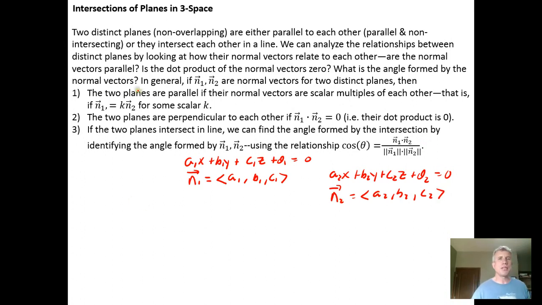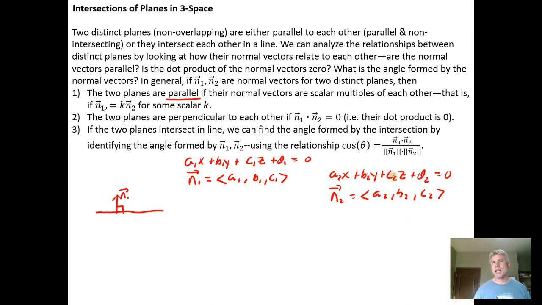So the first thing is we want to think about what happens if two planes are parallel. Let me draw a picture, a one-dimensional representation of this plane. We know that the vector of coefficients n sub 1 is perpendicular to that plane. By construction, we showed this in a previous video, it's perpendicular to the plane.